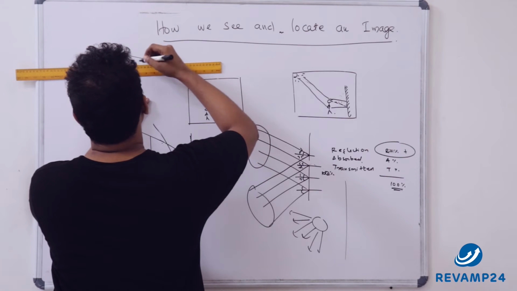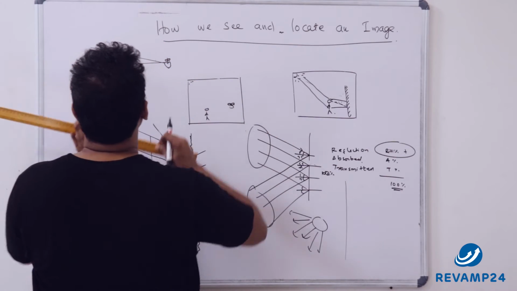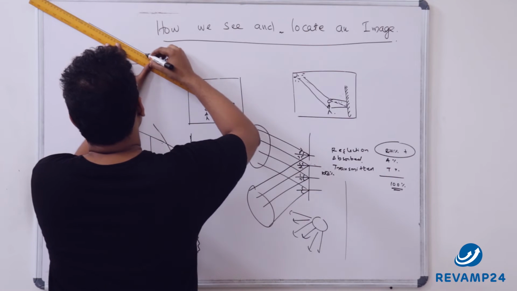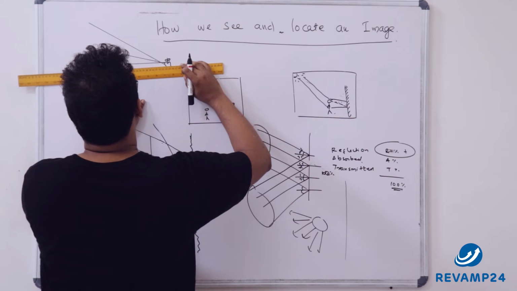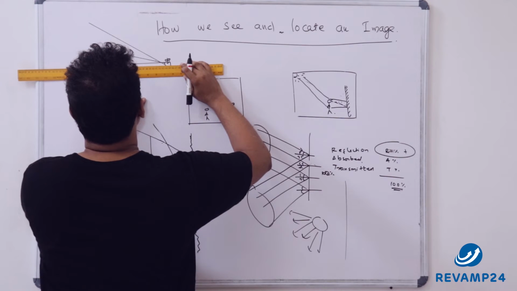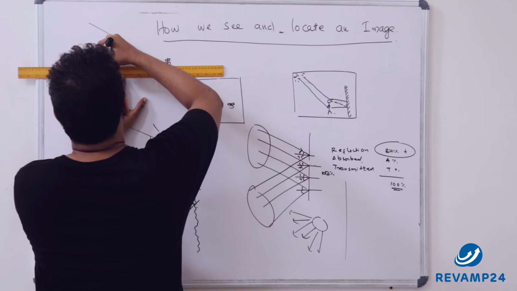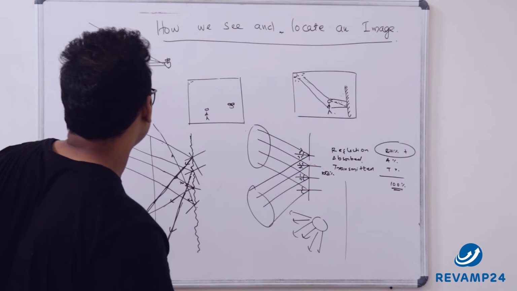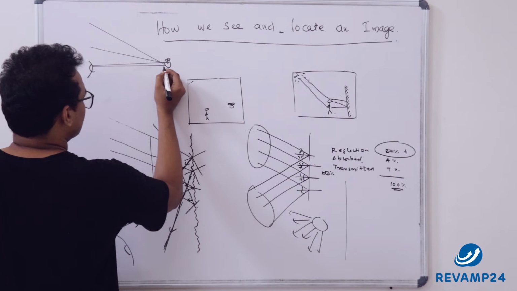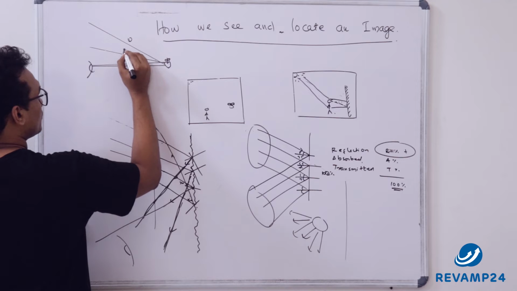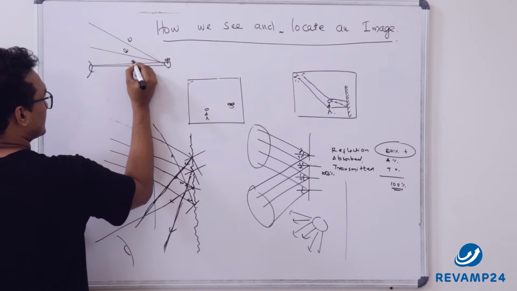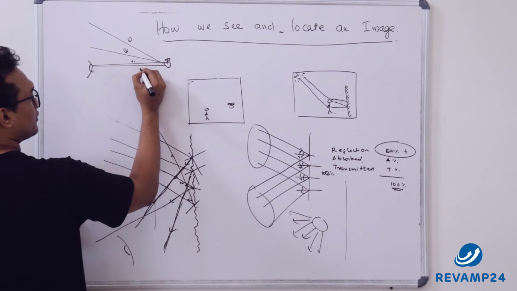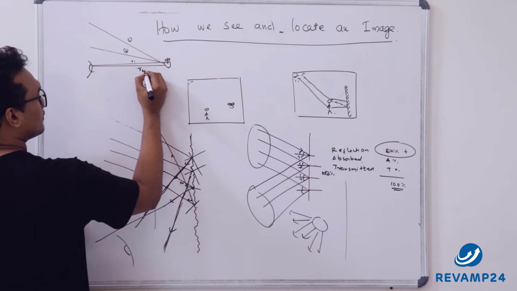So we have one ray in this way. And one more ray from the source reaches the apple and would reach our eyes. Now we have two rays here, one and two after reflection. So this is R1, the reflected ray of ray 1, and this is the reflected ray of incoming ray 2.